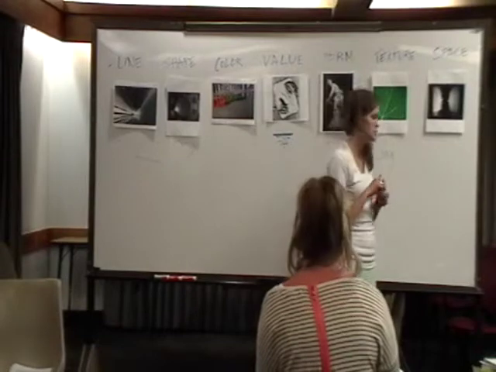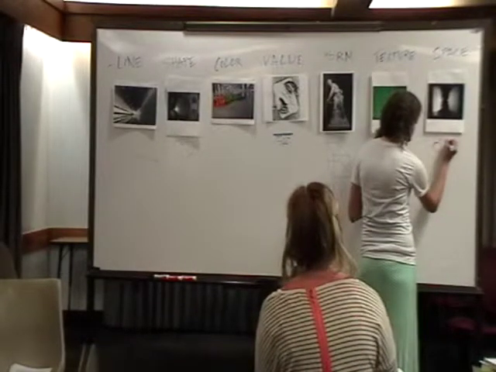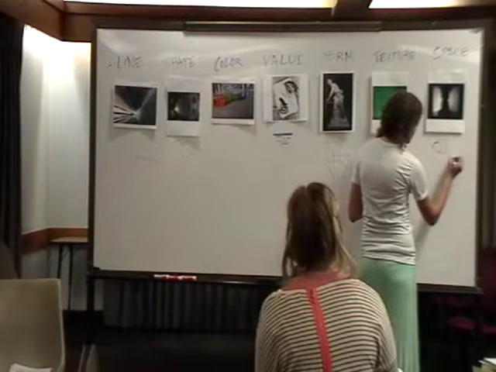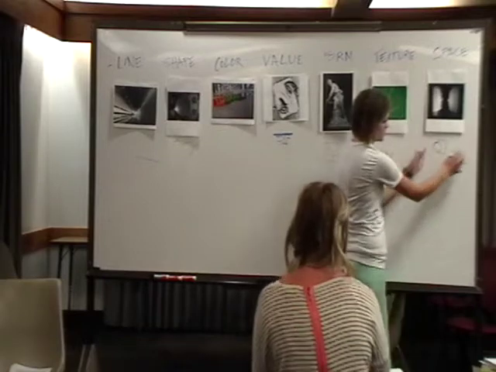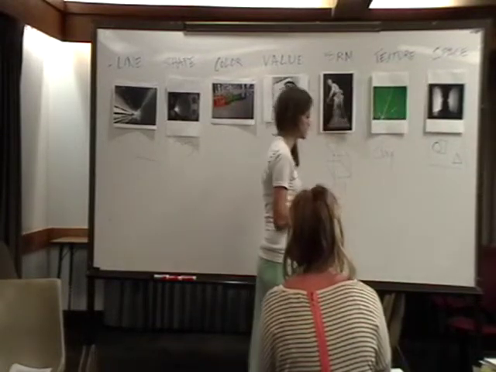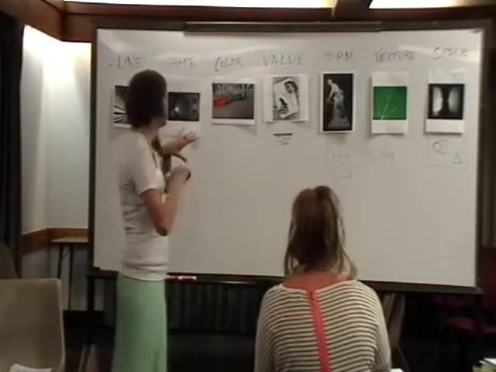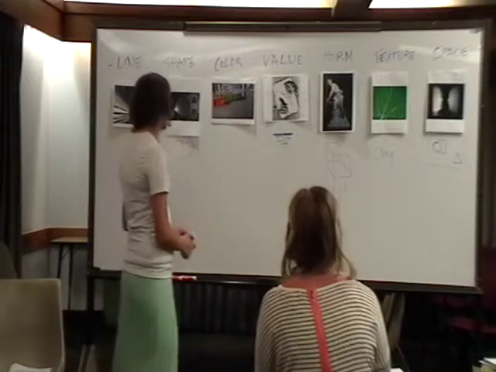And then space, an example for space can be things overlapping, or then you have another thing over here, so it's just the spacing in the art piece. So I actually took some of your shapes or forms and just overlapped them and created a different space.